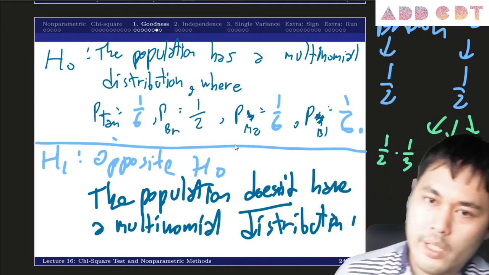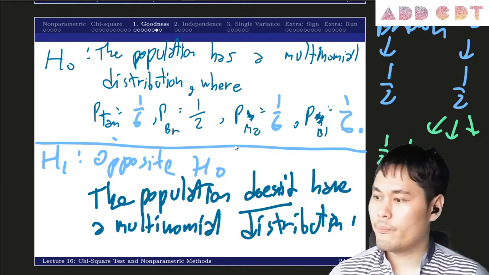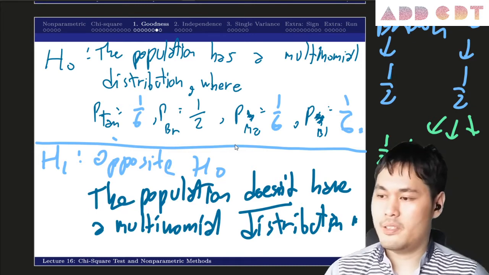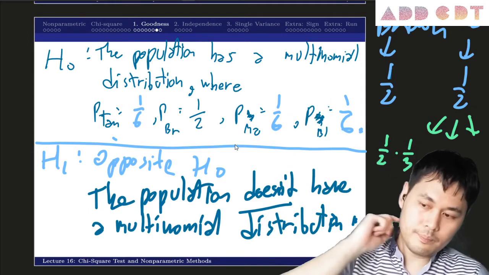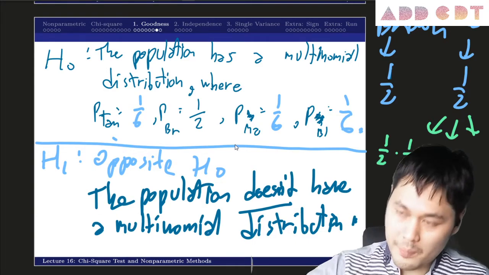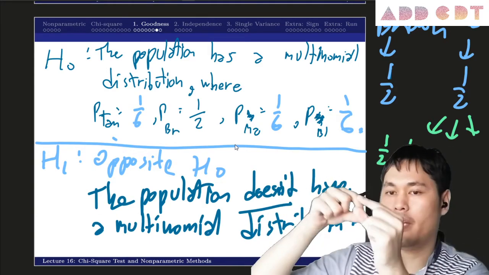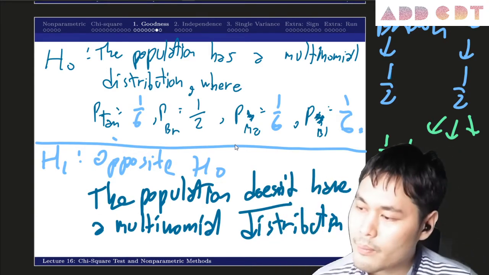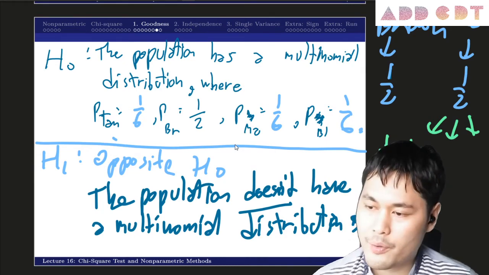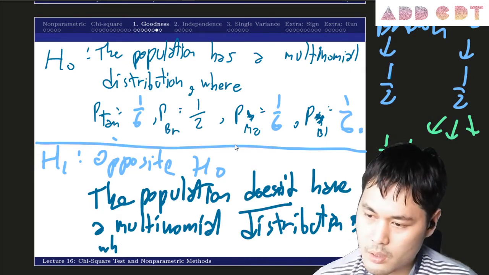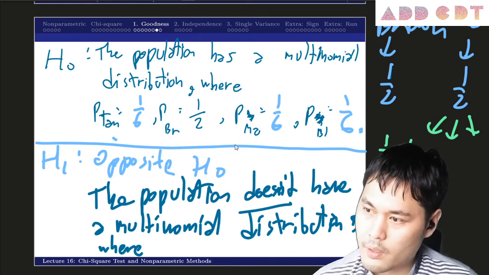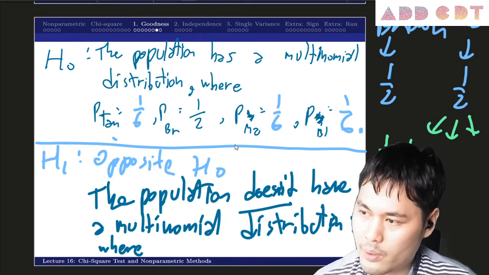This is not the opposite of the first sentence, because as you can see, the first sentence also has this requirement. So we have to also add the requirement. So I think we can copy that whole thing.